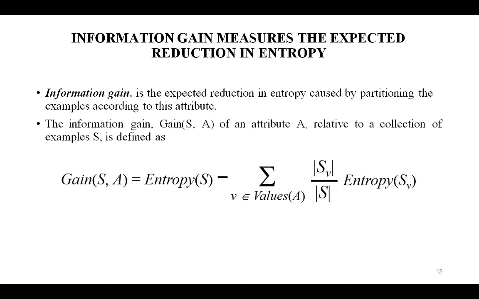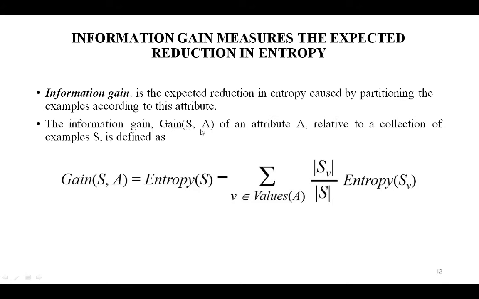Here we will use the measure known as information gain. Information gain is simply the expected reduction in entropy caused by partitioning the examples according to this attribute. More precisely, information gain is represented as gain of S comma A.